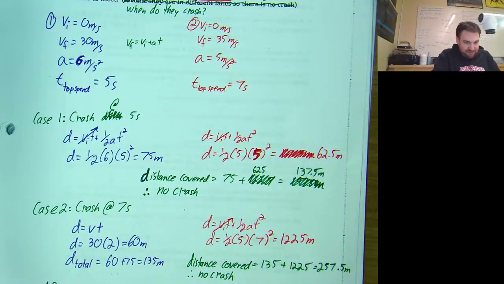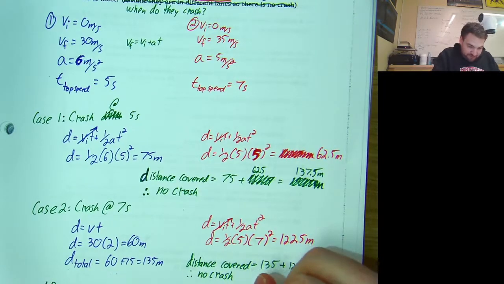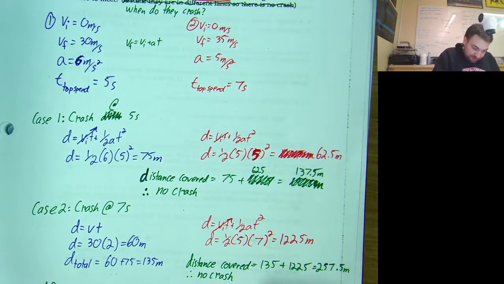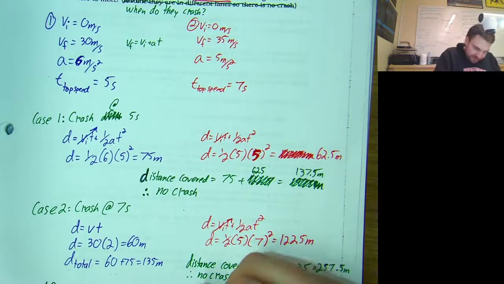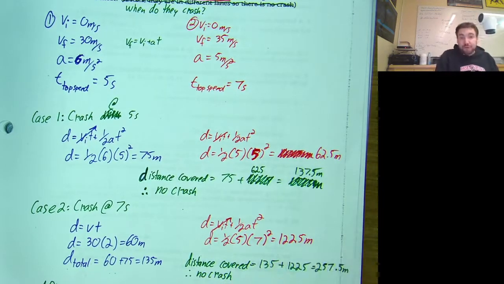We know this guy is traveling at his final velocity of 35 meters per second. And they're going towards each other. Draw that in here. He's going that way. He's going that way. Now we can use relative velocity.